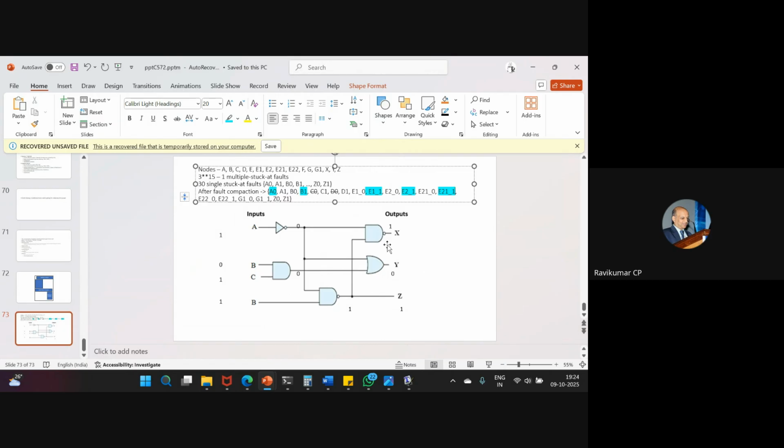And E2 2 is already 0, no big deal. Then E2 2 stuck at 1: this will change to 0, so Z will change. So this is detected.